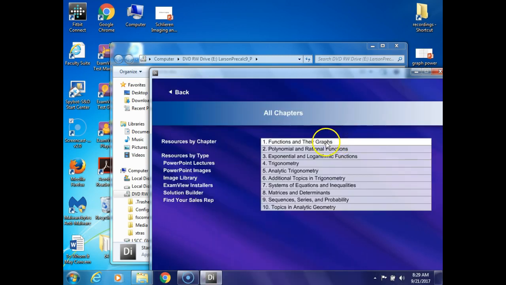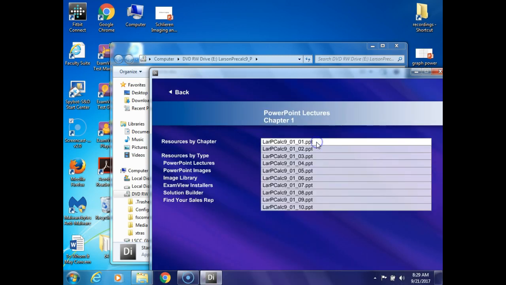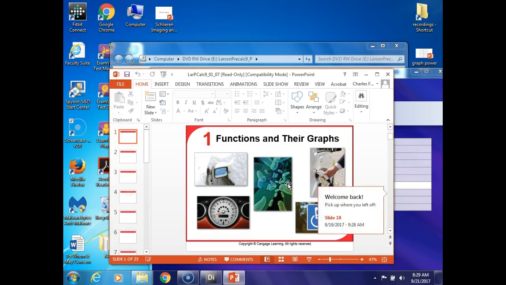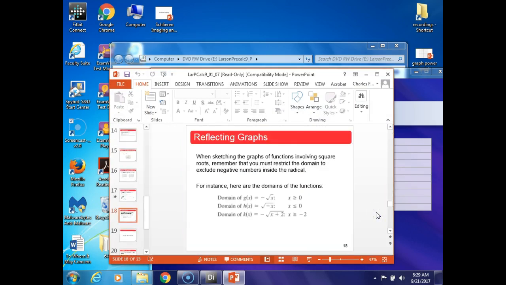Resources by chapter, chapter 1, PowerPoint lectures, 1.7. Okay. Now we wait for PowerPoint to go through its long, or hey, much faster this time. Now it's processed. Oh, here it comes. Good deal. Now we'll get down to here.